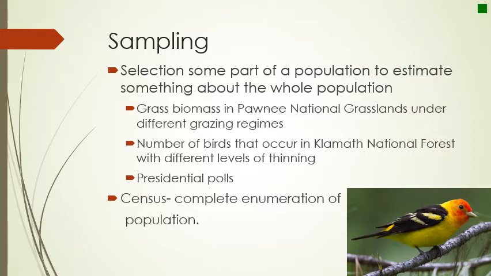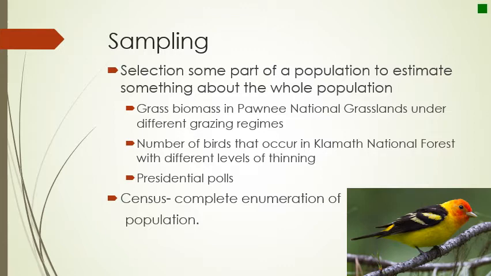So, for example, if we were conducting an experiment on the Pawnee National Grasslands on the effects of grazing on grass biomass, we wouldn't go out and actually measure the biomass of all the grass on every plot on our study area. We would sample some small portion of each one of those plots or pastures.